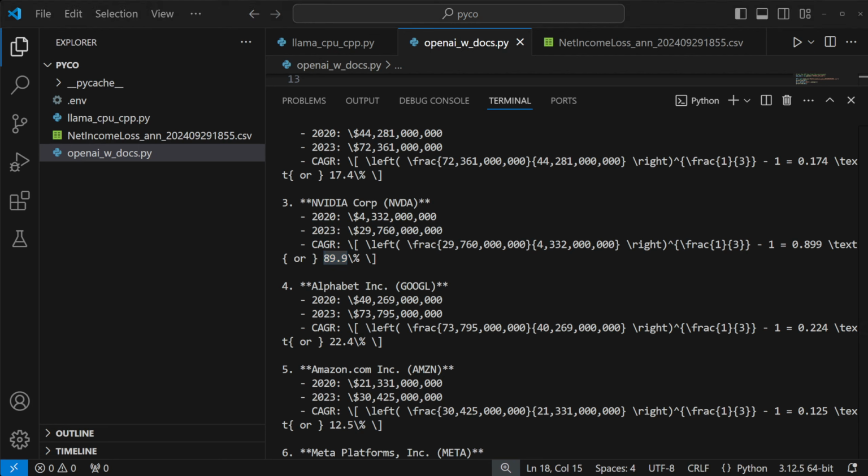I think I'm going to check that math real quick, folks. Give me a sec. So that's 29.76 divided by 4.332 equals 6.87, to the exponent of 0.25. Oh, it wasn't on scientific, sorry about that.